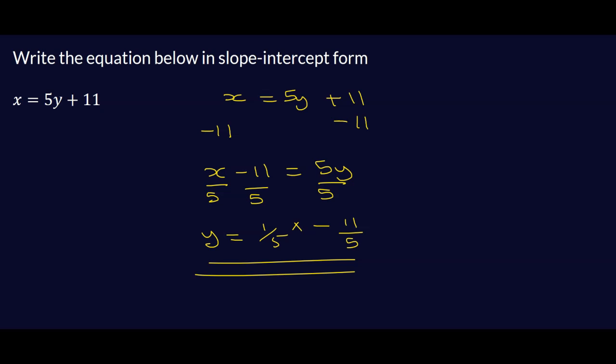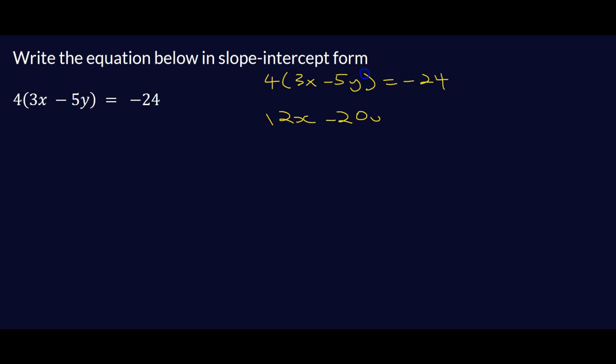Let's do another one. Write the equation below in slope-intercept form. First of all, we're going to distribute this 4 into the parentheses. So let's start off here. 4 times 3x minus 5y equal to negative 24. So this is going to be 12x minus 20y equal to negative 24. Now we're going to subtract 12x from both sides.